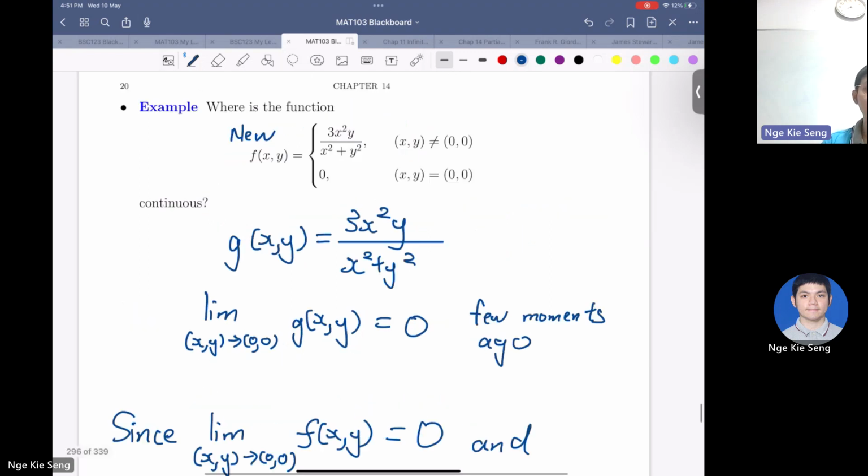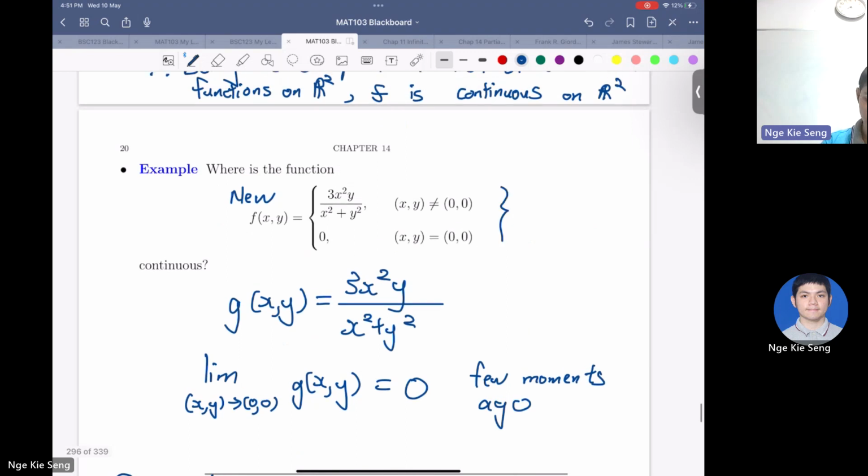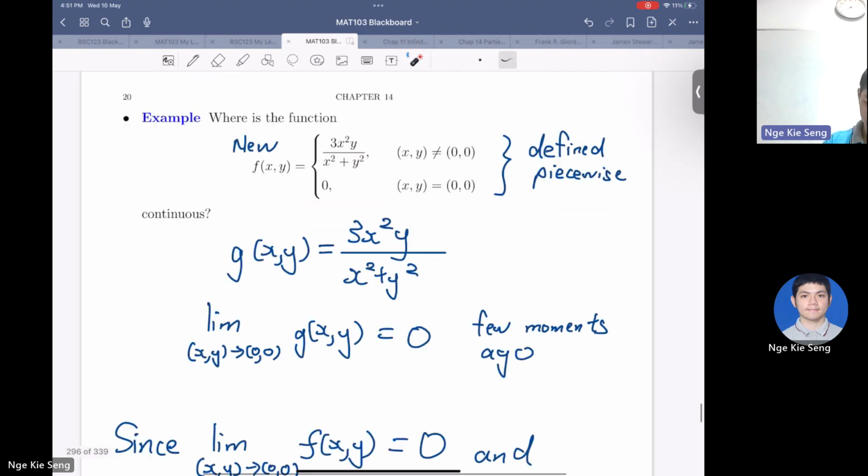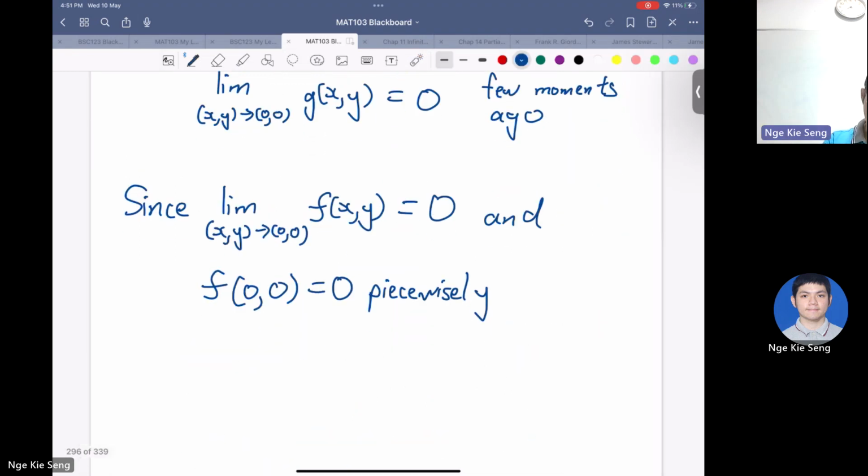Do you know piecewise? Piecewise function. Everything not equal to the origin, we take this function, and then at 0, 0, we just take the constant function 0. And this is piecewise.